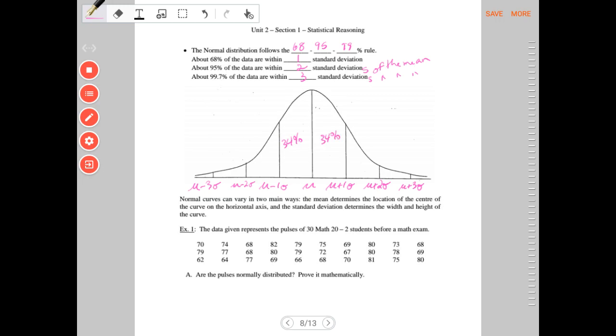95% already takes into account that 68%, because we can't have more than 100. So what's left over? If we take 95 minus 68, we get 27. But it has to be split evenly onto each side of the mean, so 27 divided by 2 is 13.5.